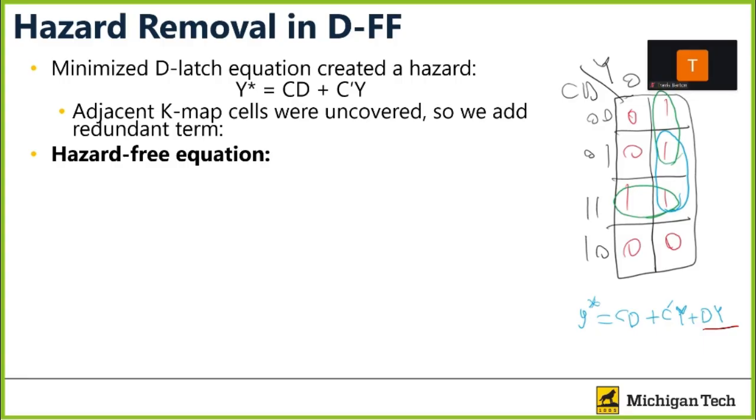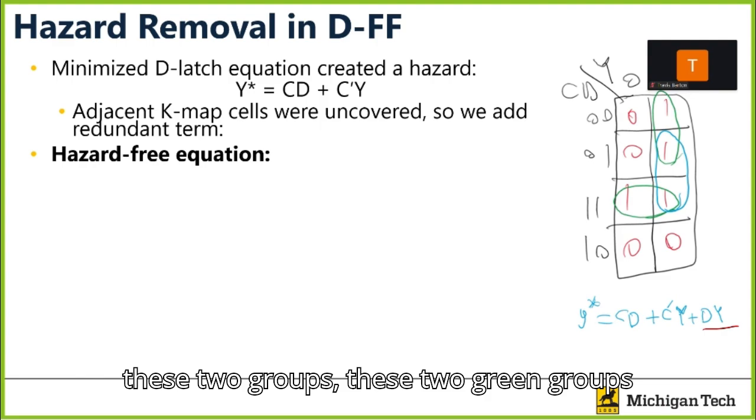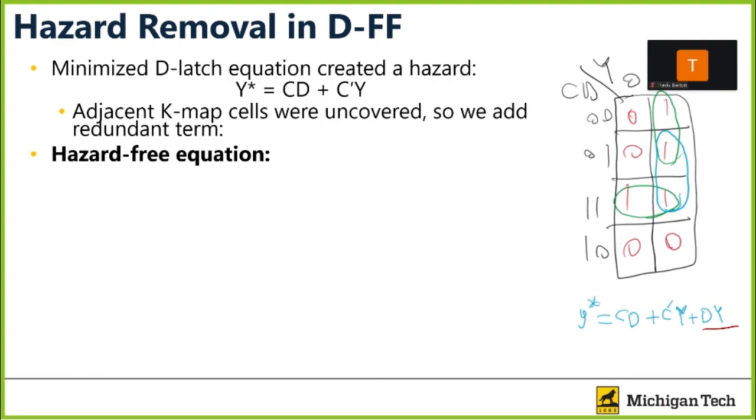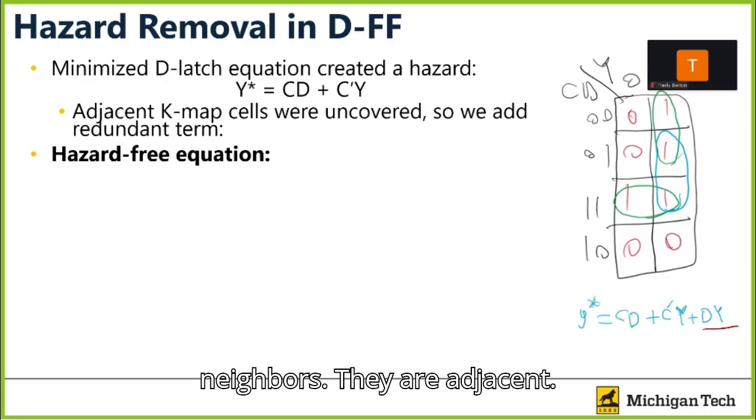When we look at the D-latch Karnaugh map by itself, these two green groups are neighbors. They are adjacent.